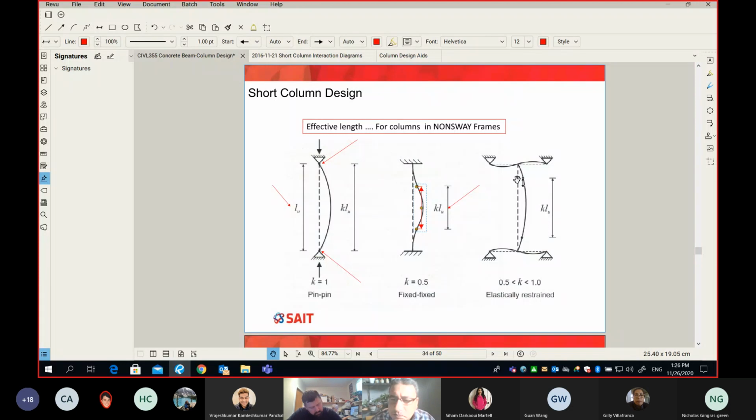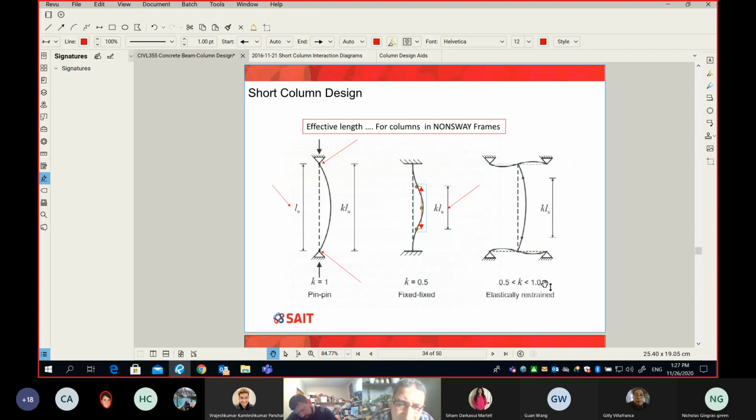Here we have a column connected to something on the top, and on the bottom, it is somewhere in between fixed and hinged. It doesn't allow rotation 100%, and it doesn't stop rotation 100%. In this case, the K will be anywhere between 0.5 and 1.